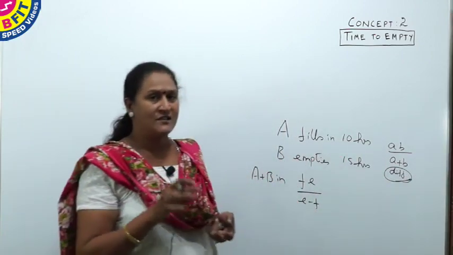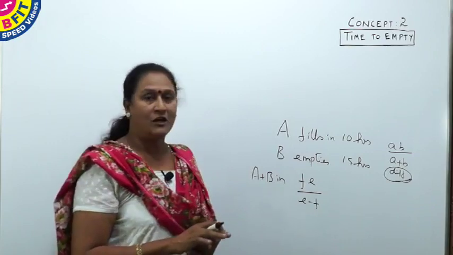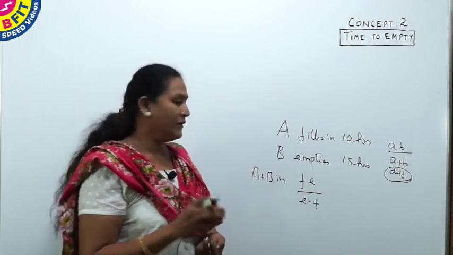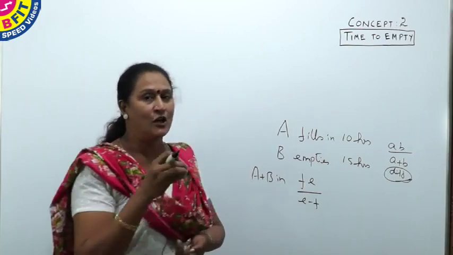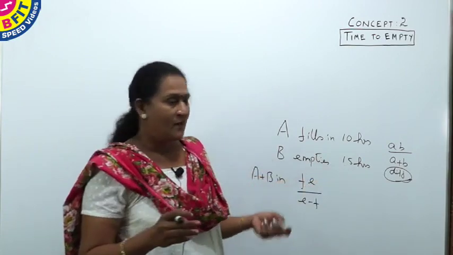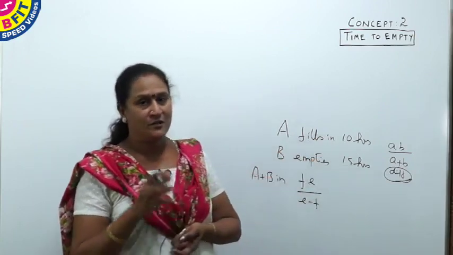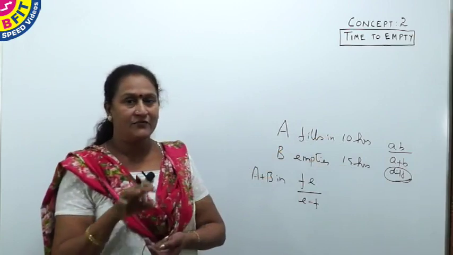But suppose in some questions they ask, will the tank be filled in 3 hours or emptied in 3 hours? Then we need to know whether the tank is filled or emptied. Seeing this, B takes 15 hours, more time, so its efficiency is less. A fills in less time, so its efficiency is more. So we can decide whether it is filled or emptied.